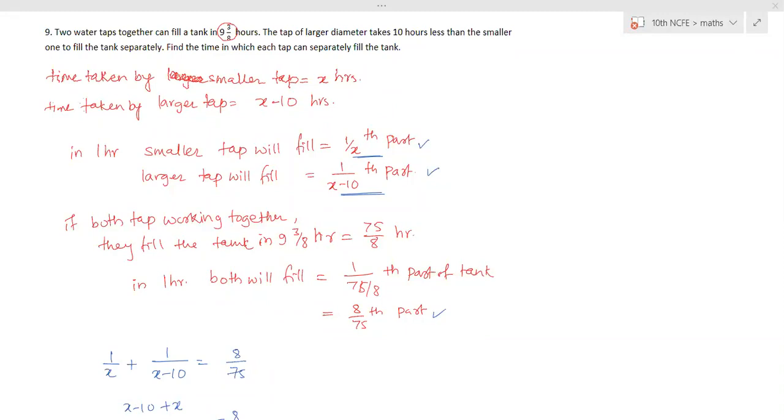So how much is one doing in 1 hour? 1 by x. The second one is doing 1 by x minus 10. And all together they are doing 8 by 75.